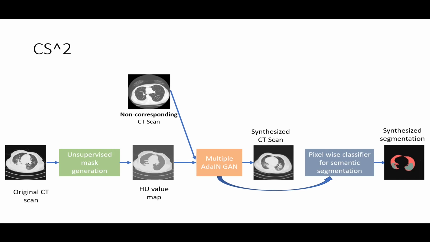And then we'll have our segmentation image made for the CT scan that we created earlier. So I'm going to go into the unsupervised mask generation, which is a pretty complex part of the model.